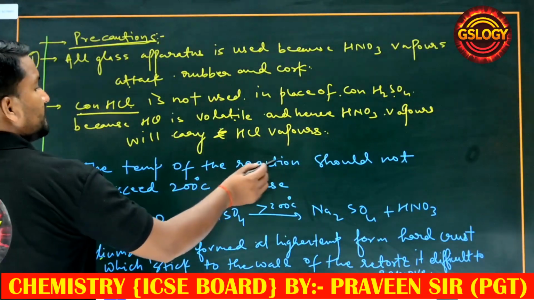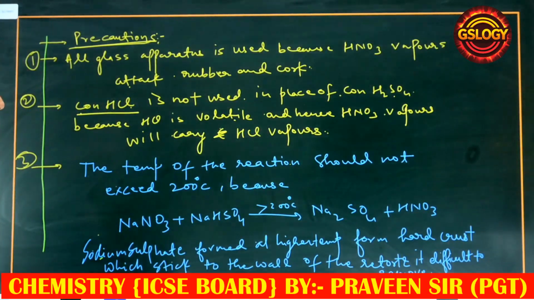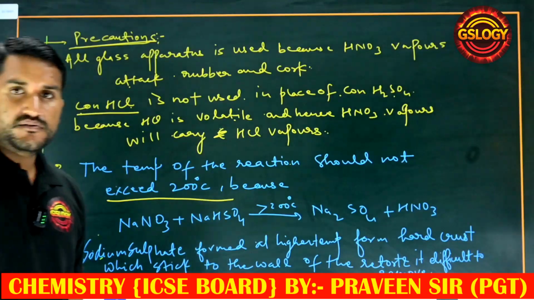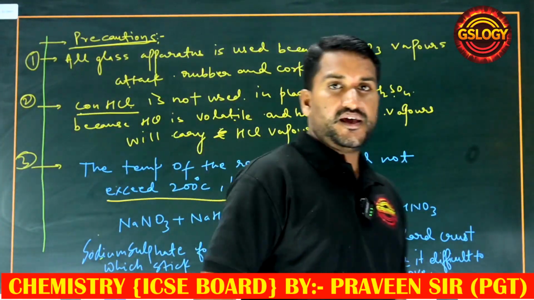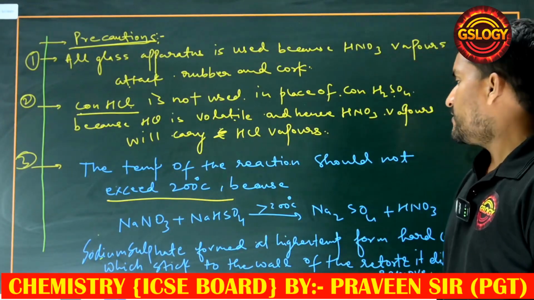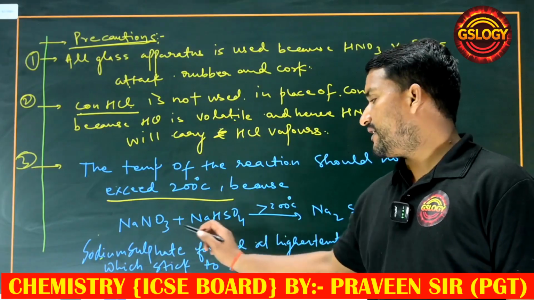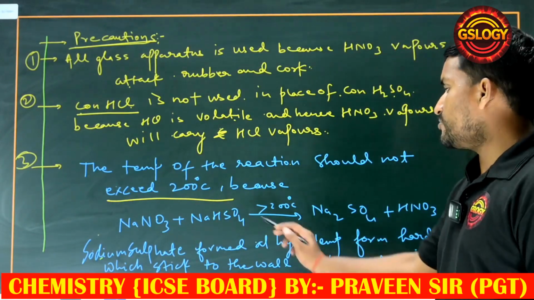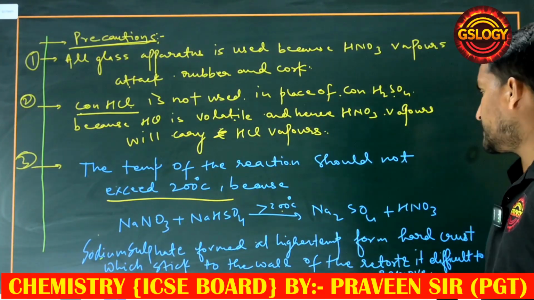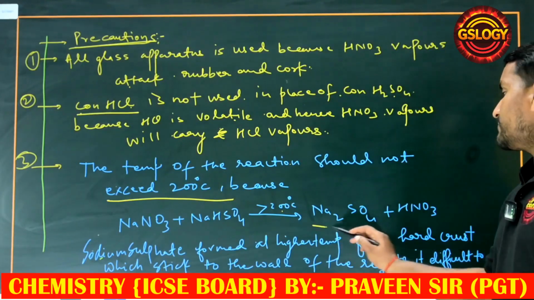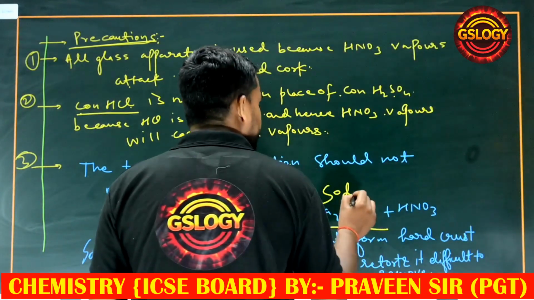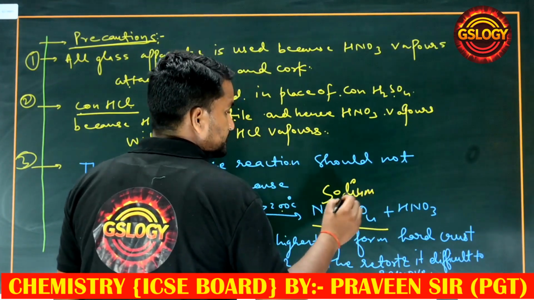the temperature of the reaction should not exceed 200 degrees Celsius, because when sodium nitrate and sodium hydrogen sulfate react at greater than 200 degrees Celsius, then it will form what? Sodium sulfate.